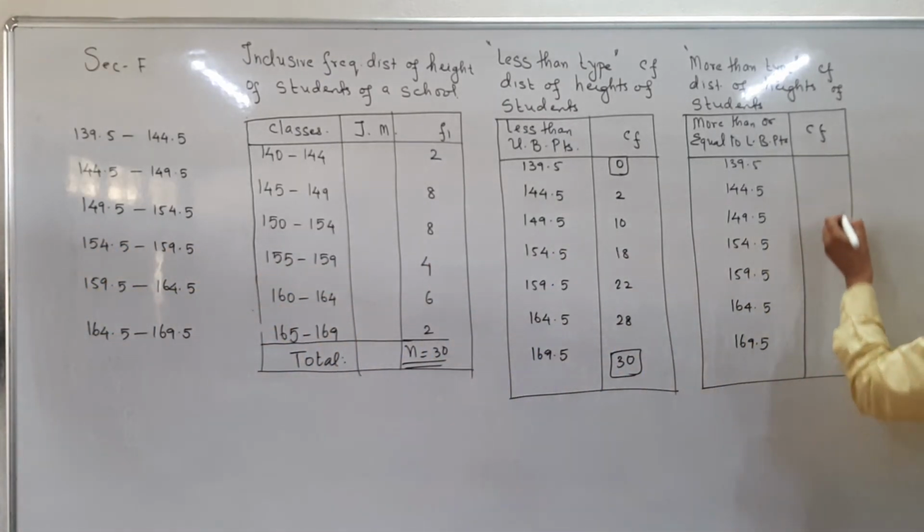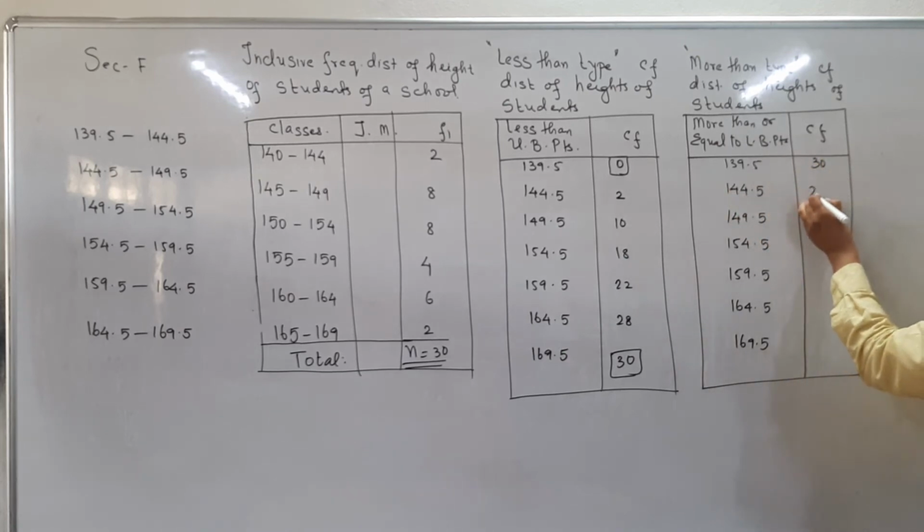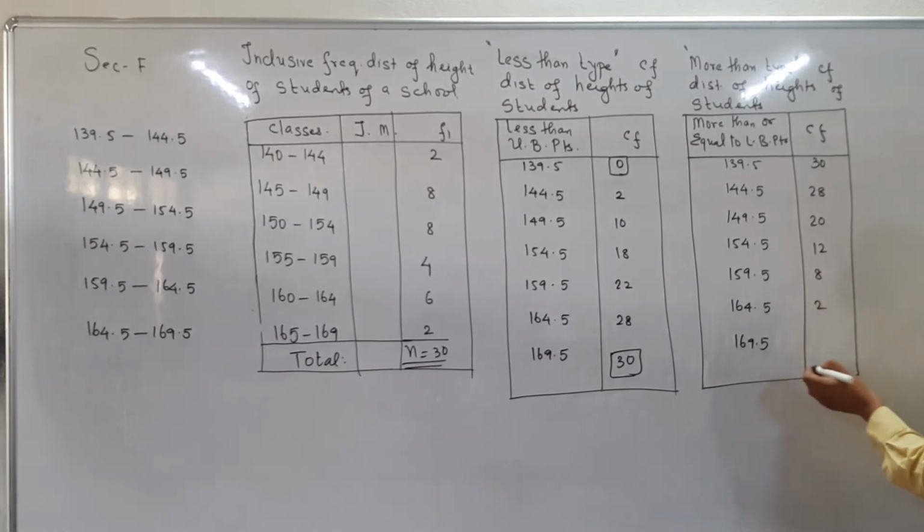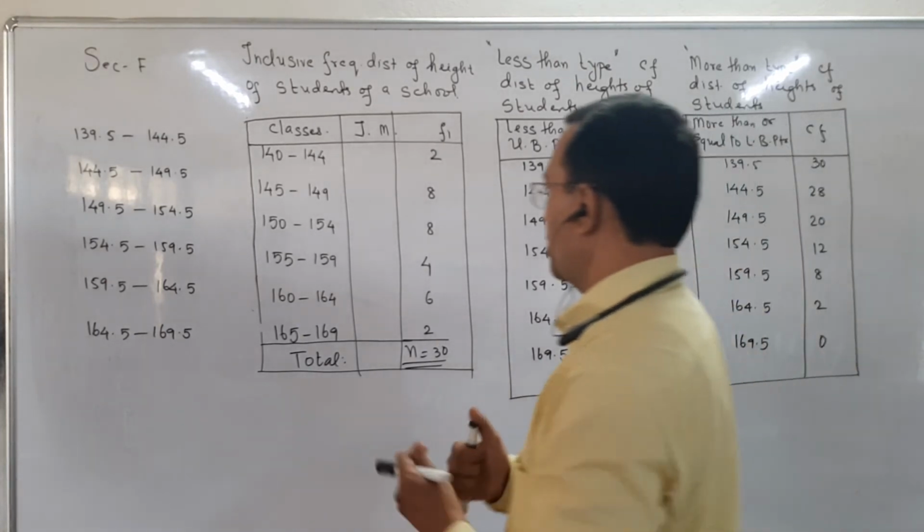So 30, go on subtracting first frequency 2, 28. 28 minus 8, so 20. 20 minus 8, so 12. 12 minus 4, so 8. 8 minus 6, so 2. And the last is 0. So here we start with maximum and we end at 0.